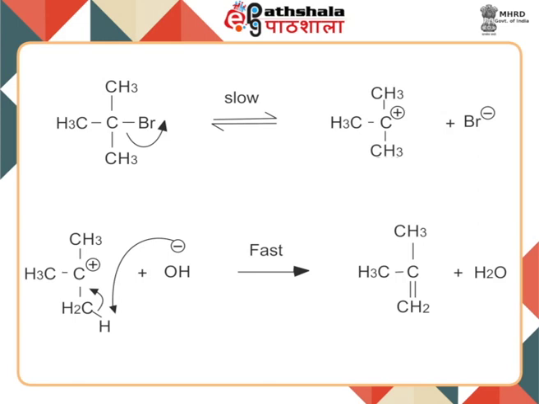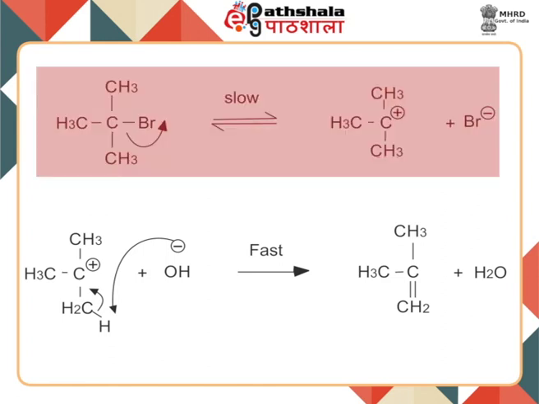Let us consider an example of tertiary butyl bromide undergoing elimination via E1 and as a result forming 2-methyl prop-1-ene in basic medium. In this case, the first step is the slow step.